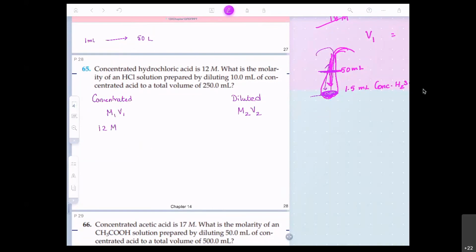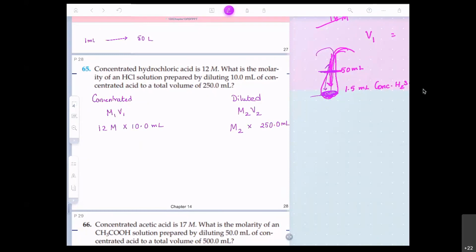There's no definition that ones belong to concentrated and twos belong to diluted. It can be opposite. Concentrated hydrochloric acid M1 is 12 molar. What is the molarity of the hydrochloric acid solution prepared, which means you're asked what is M2, by diluting 10 milliliters of the concentrated acid? You're taking 10 milliliters of concentrated acid and adding water to get 250 milliliters of total volume of the diluted acid.